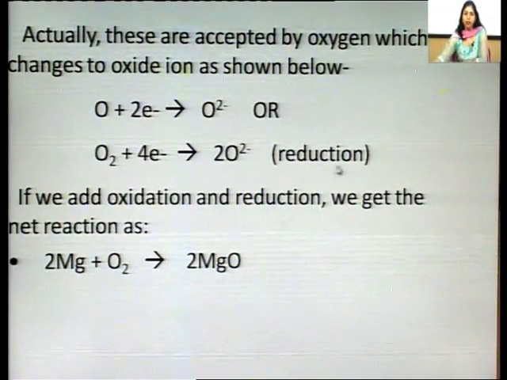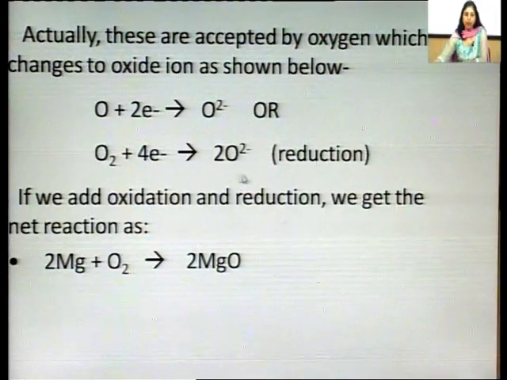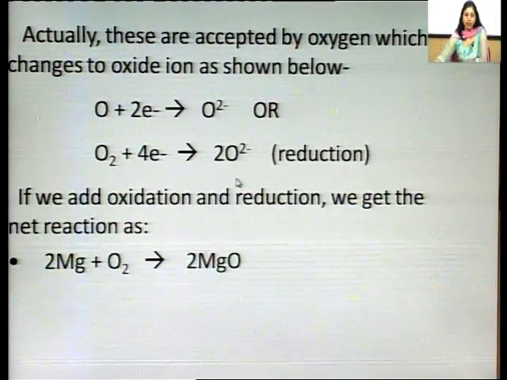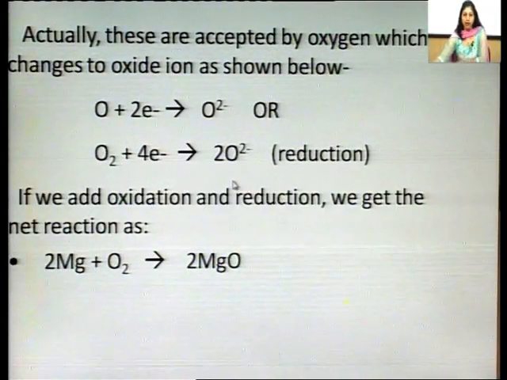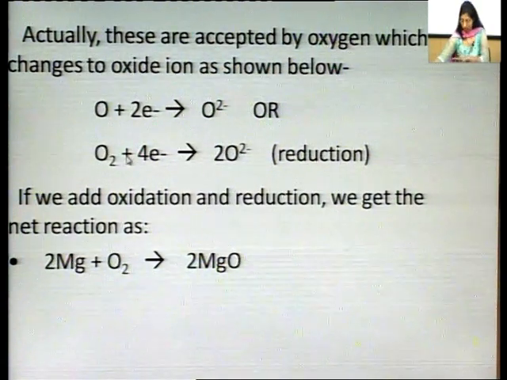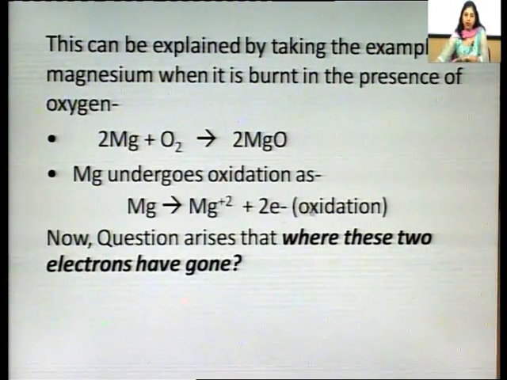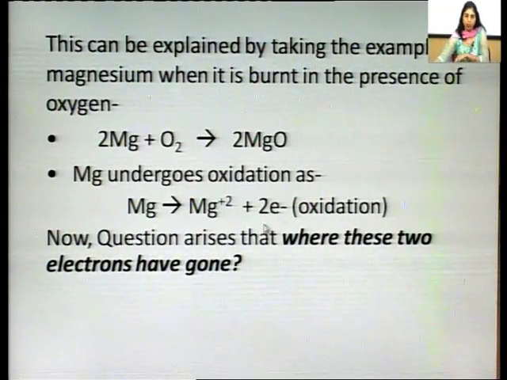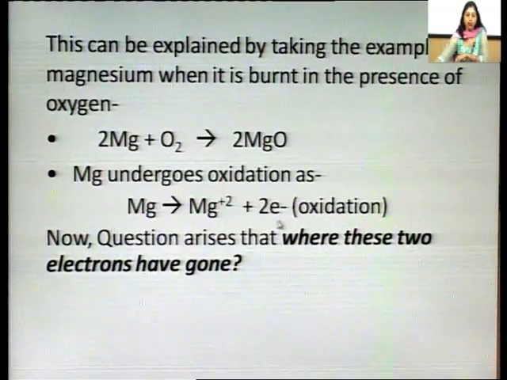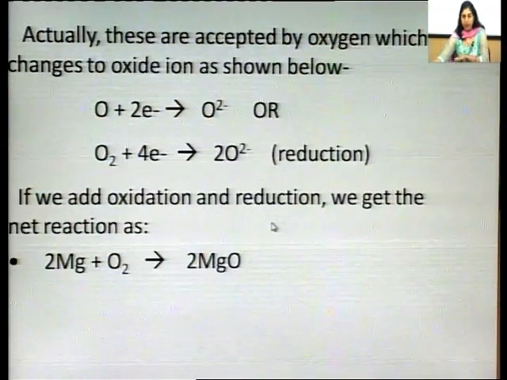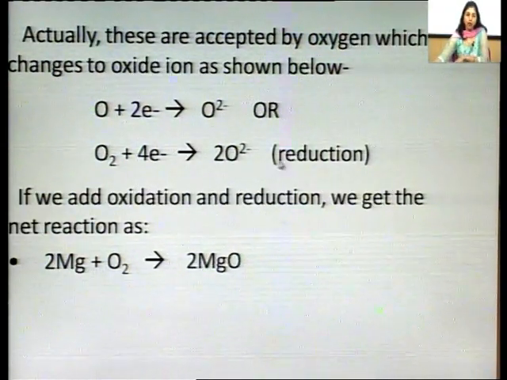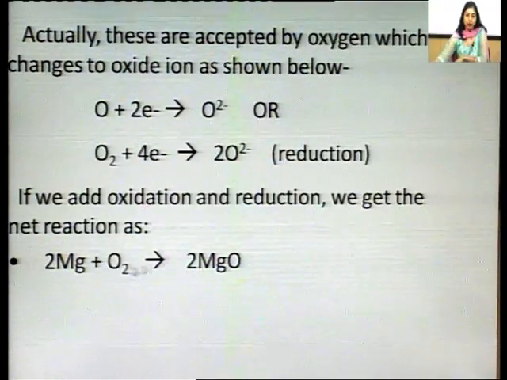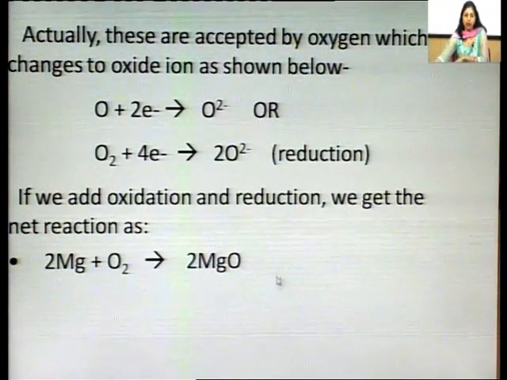So, that means reduction is also taking place at the same time. Now, if we add these two reactions, first you multiply the oxidation reaction by 2 so as to make the number of electrons the same, and then if we add oxidation as well as reduction, you will get the net reaction.